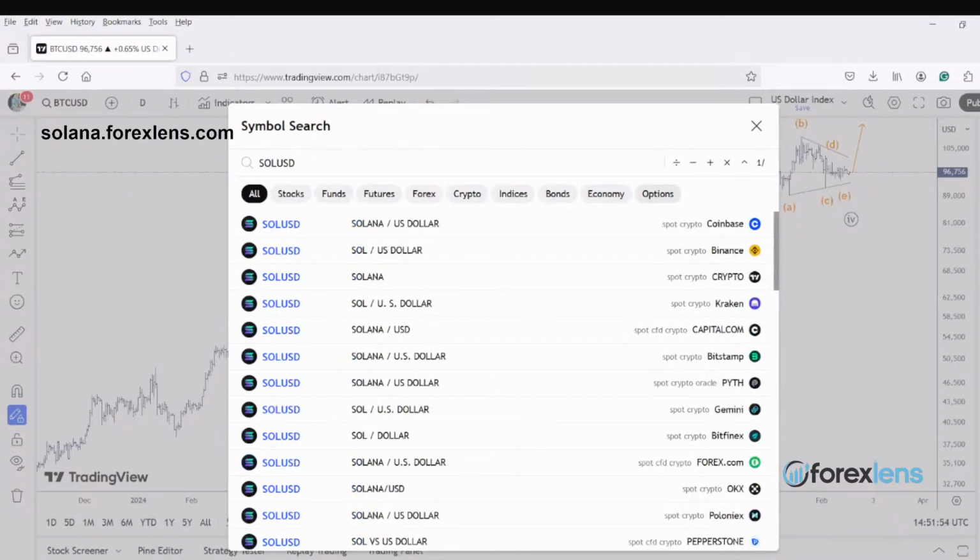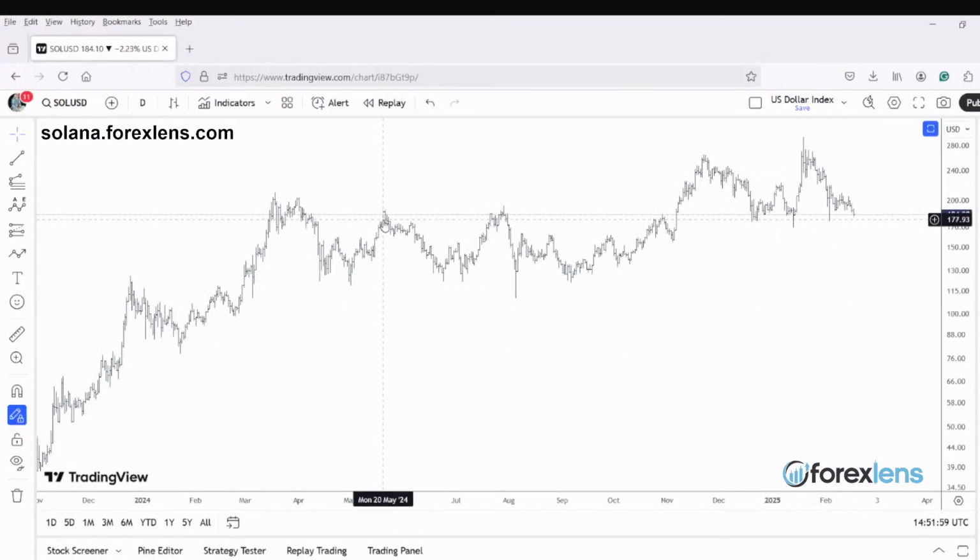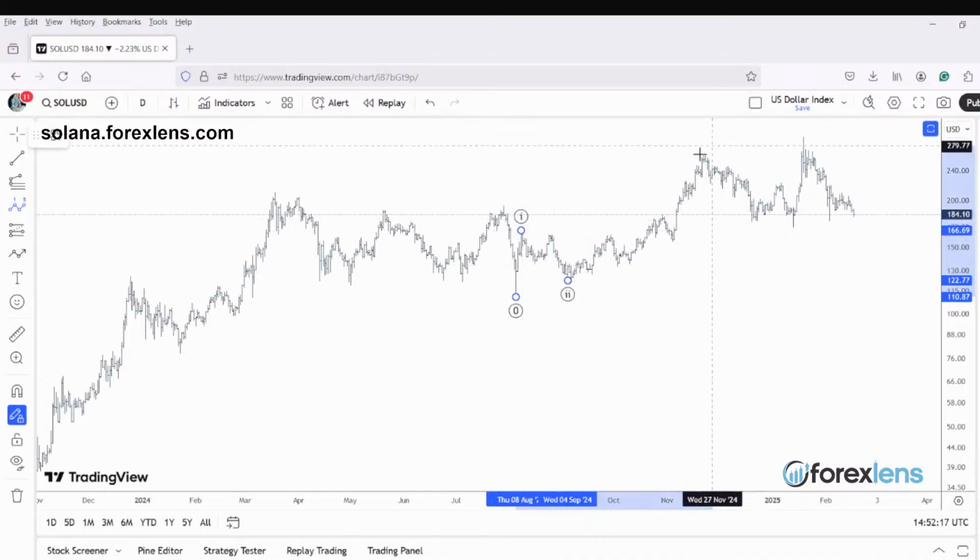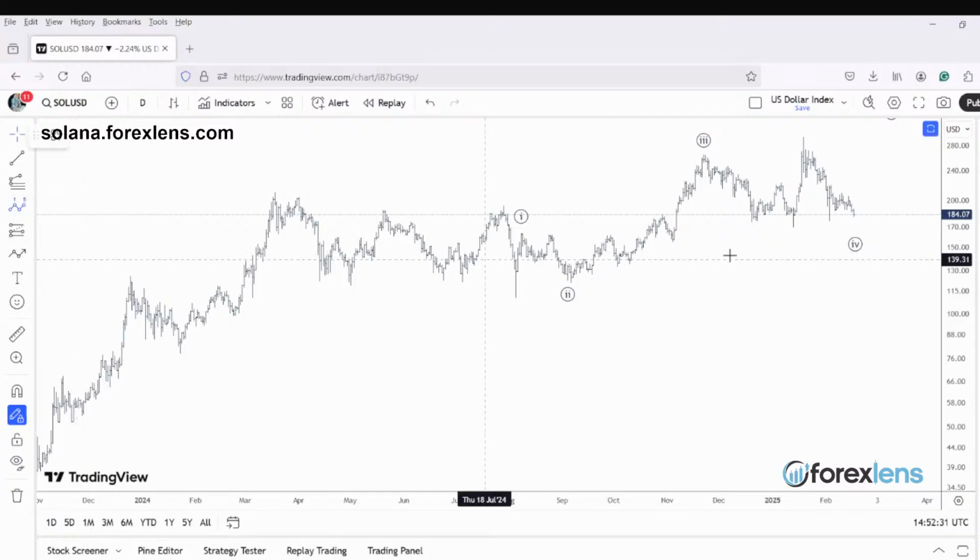And Solana. So the structure in Solana is again, we go by the minute, and that is wave 4 in the making. We might have got a triangle.